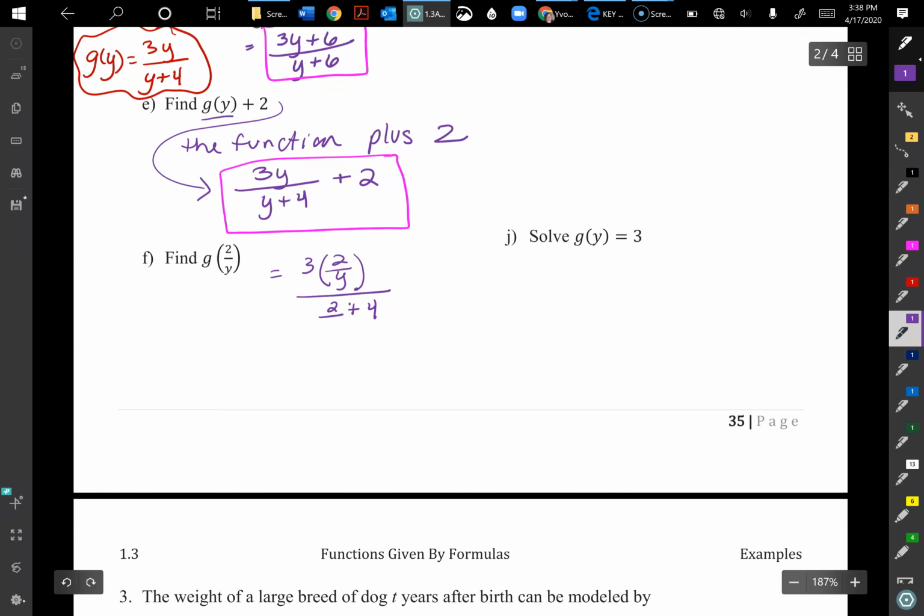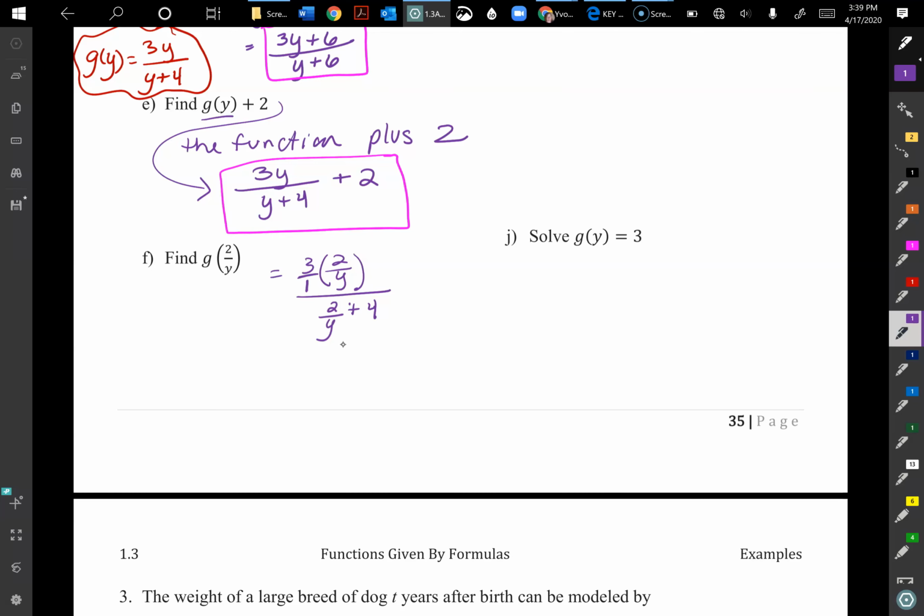So here we have g of 2 over y. So we're going to plug in 2 over y everywhere we have a y. One thing that I notice students tend to do is they want to multiply 3 times 2 and 3 times y, but keep in mind it's not 3 over 3 that we have, it's 3 over 1.